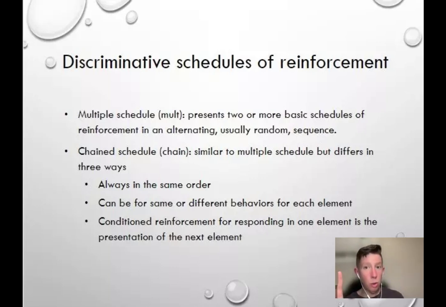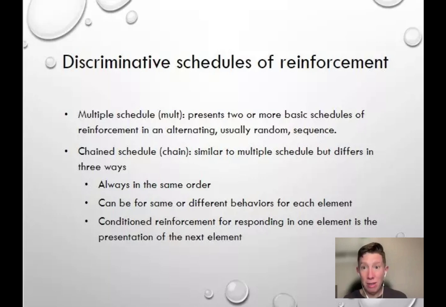So we need two or more alternating schedules and an SD in effect. If there's no other information about them being for different behaviors and always being in the same order, which would make it either chained or tandem, we know that this is either going to be multiple or mixed.